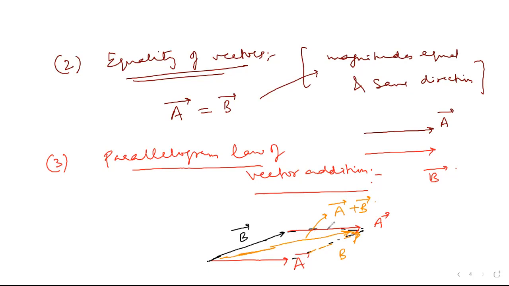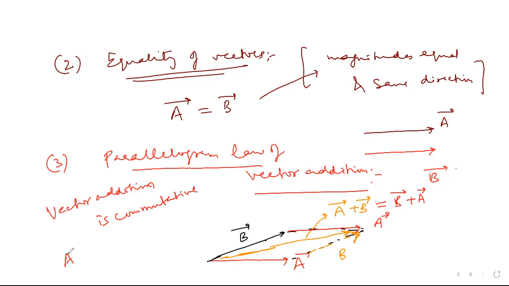So this vector is A plus B, and this also B plus A. From triangle of vector addition, on the tip of B there is A, so this is B plus A. On the tip of A there is B, so it is also A plus B. That means in parallelogram law of vector addition, we are just using triangle law plus the property of equality of vectors. And sideways, what you get to know, A plus B is same as B plus A. That means vector addition is commutative.